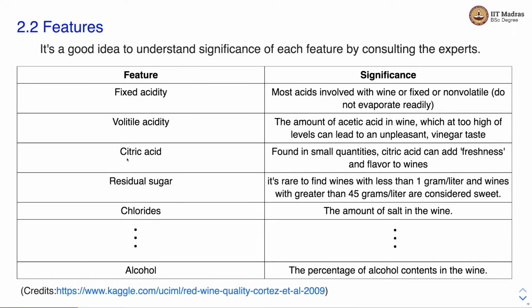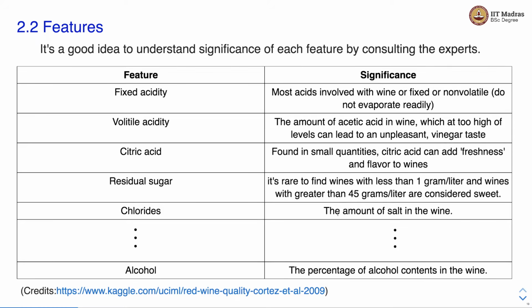The third feature is citric acid. Citric acid is usually found in small quantities in wine, and citric acid can add freshness and flavor to the wine. The next feature is residual sugar. It's rare to find wine with less than 1 gram per liter residual sugar, and wines with greater than 45 grams per liter are considered sweet.